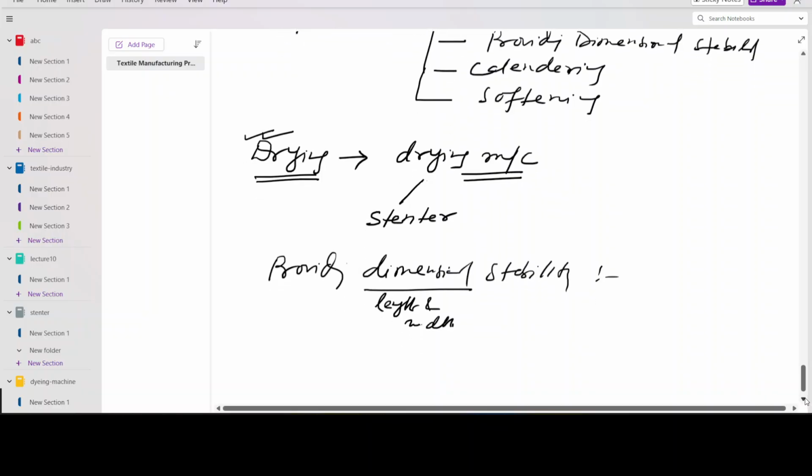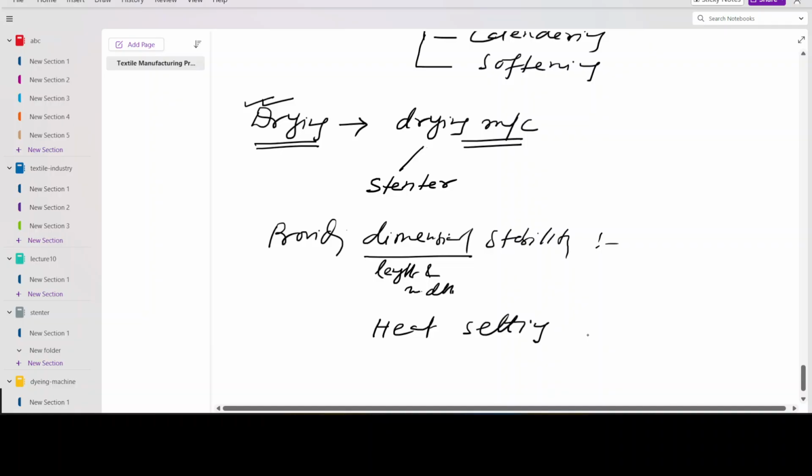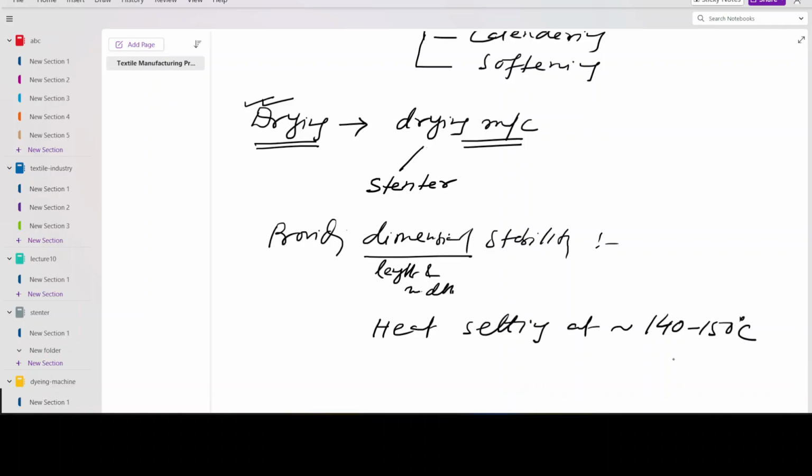For providing dimensional stability, heat setting at nearly 140 to 150 degrees centigrade is used. This process is used for dimensional stability.